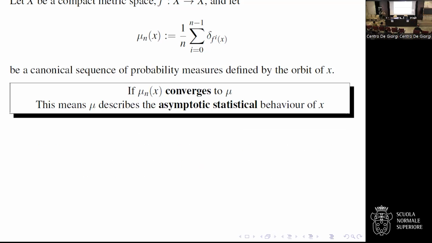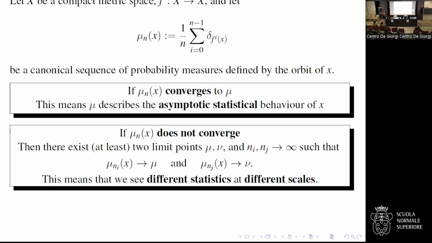If this sequence converges as a sequence of measures, then clearly it means that mu is describing the asymptotic statistical behavior of x, because that means that when n is very large, this measure here is very close to the measure mu, and the larger n is, the closer you are to the measure mu, which means the measure mu is describing the distribution in terms of the proportion of points in different regions of space, right? So if you have a limit of this measure, then you have described, in some sense, in a very precise sense, the asymptotic statistics of this.